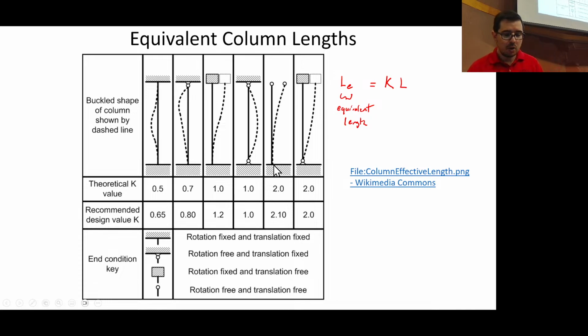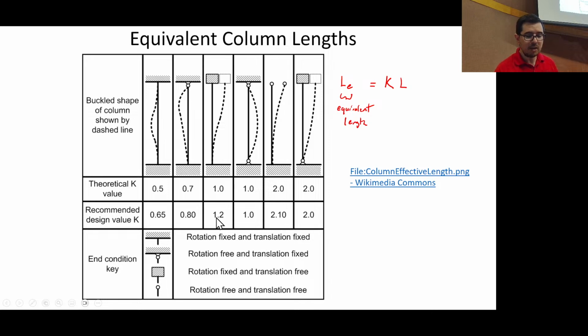So that means that the theoretical value for the equivalent length would be two times the length. And then they recommend, from a design perspective, to use 2.1 in this case. And in most cases they augment this a little bit, except for this case and this case.